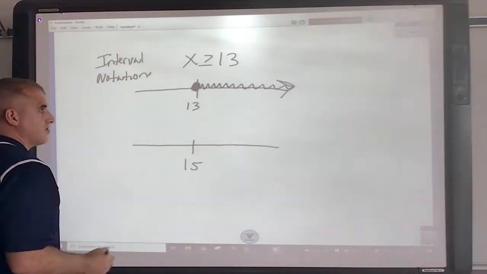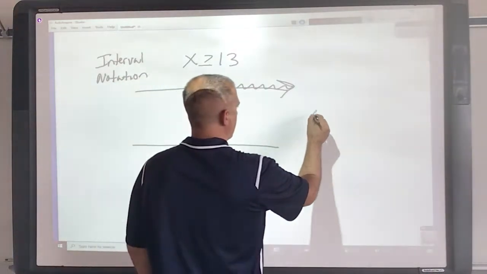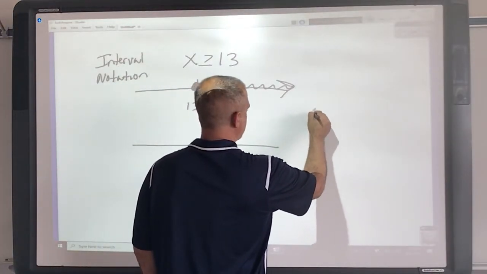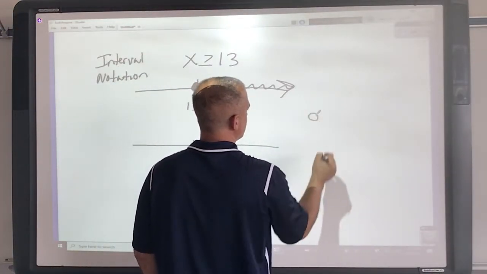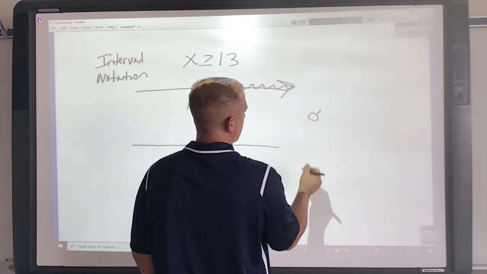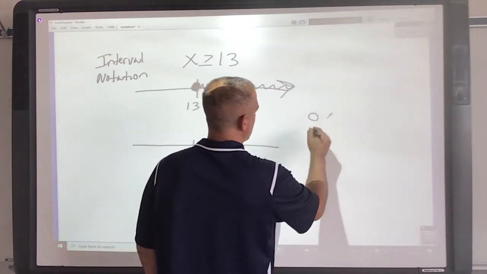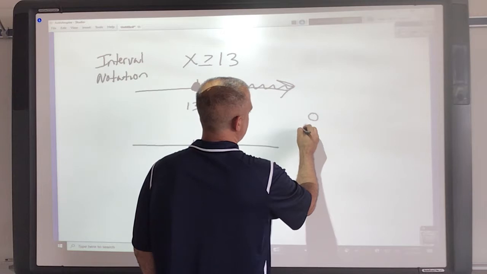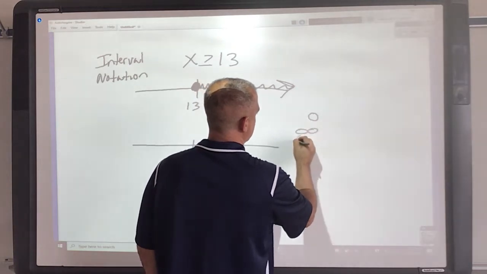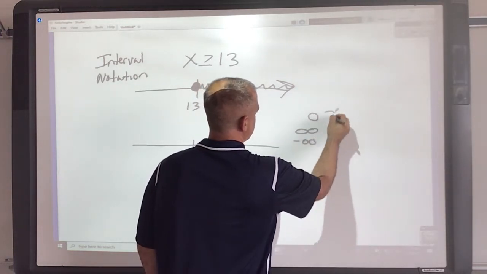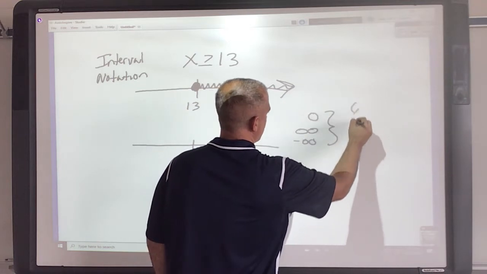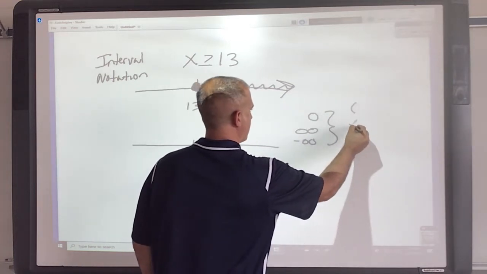Now, here's the first thing. If you have an open circle, or, and we'll talk about this in a second, an infinity symbol, both positive and negative, that will lead to a curved bracket.